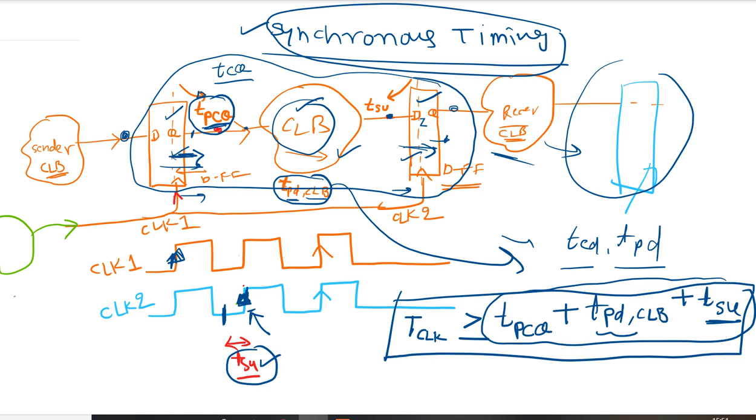At least this much time period I need. If my second rising edge comes after this, or if we have a larger time period compared to this expression, there is no problem, but at least this much is needed so that we can effectively capture the data.